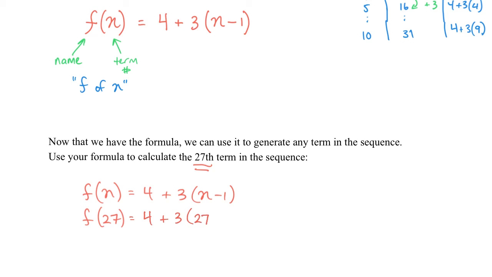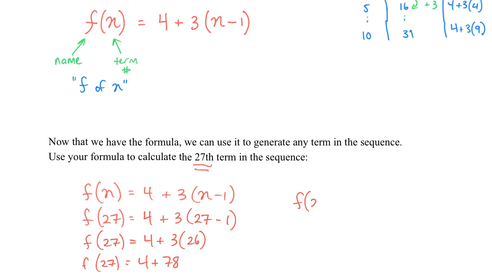I plug in 27 for n. So f of 27 is 4 plus 3 times 26. Well, 3 times 26 is 78, and 78 plus 4 is 82. So the 27th term in my sequence is 82.